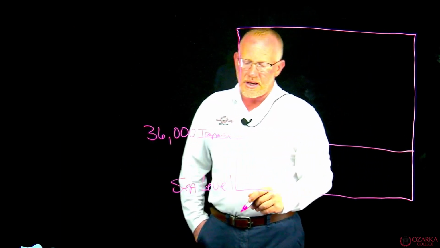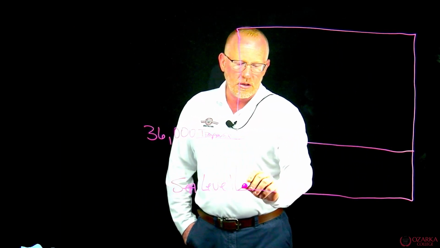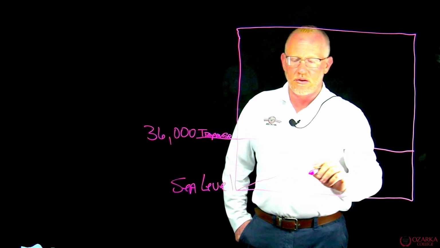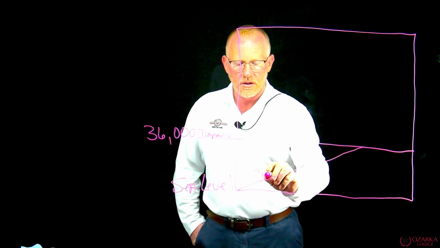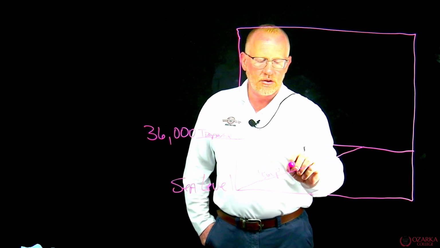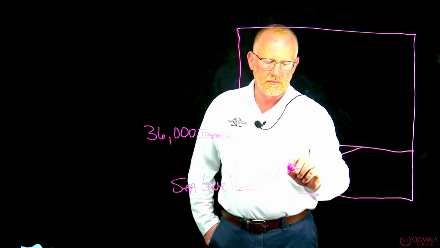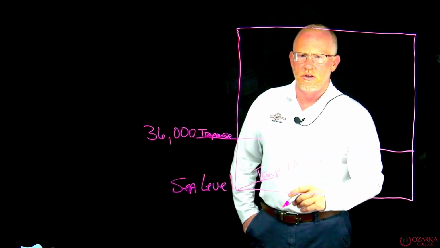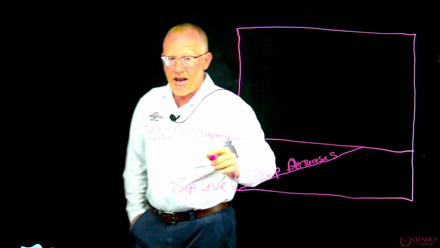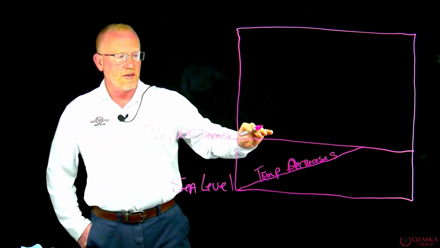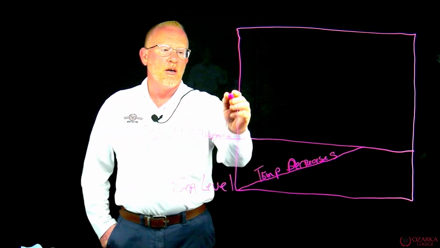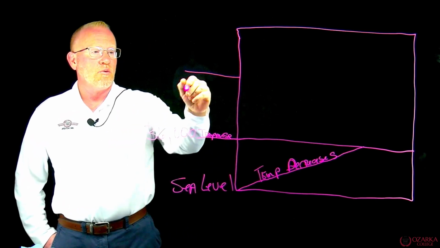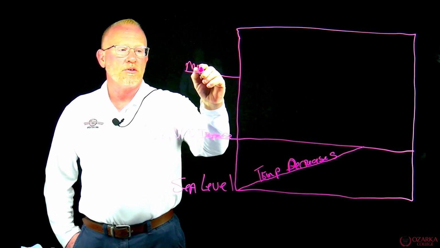So we know that temperature decreases as we go up through the troposphere and we hit the tropopause. But then, as we climb through the tropopause, we go up to the stratopause.